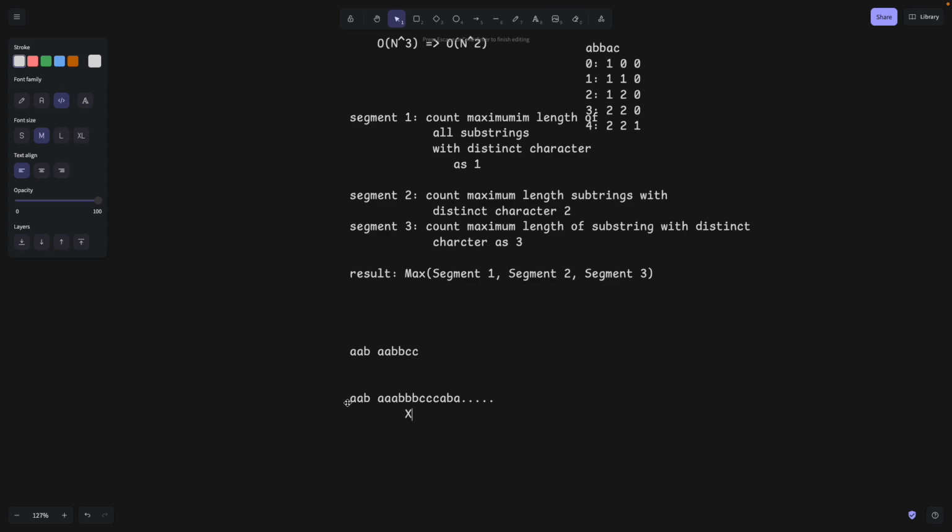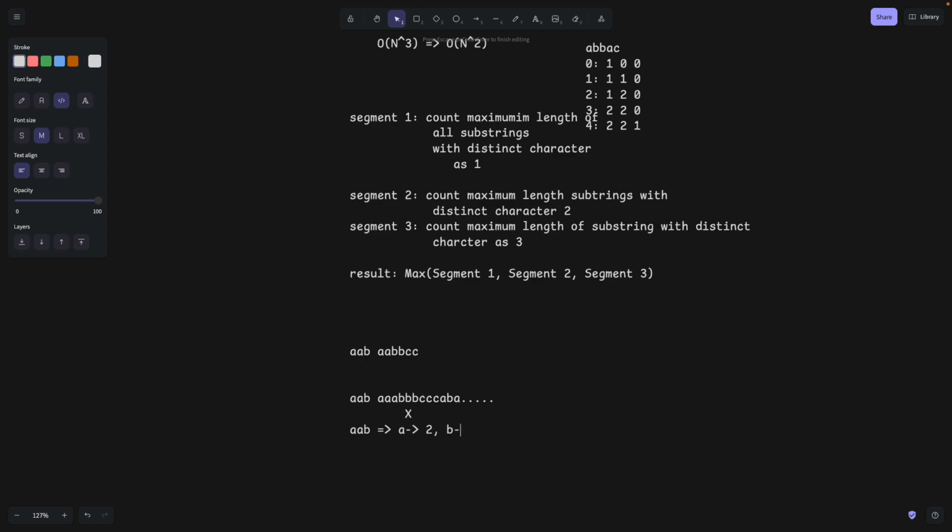Then while coming up to here, we'll have the count of characters A and B, and at the end of this substring, since the count of each distinct character is X, let's suppose up at the end of this substring AAB, we have count for A as, for now X, or maybe let's say 2.